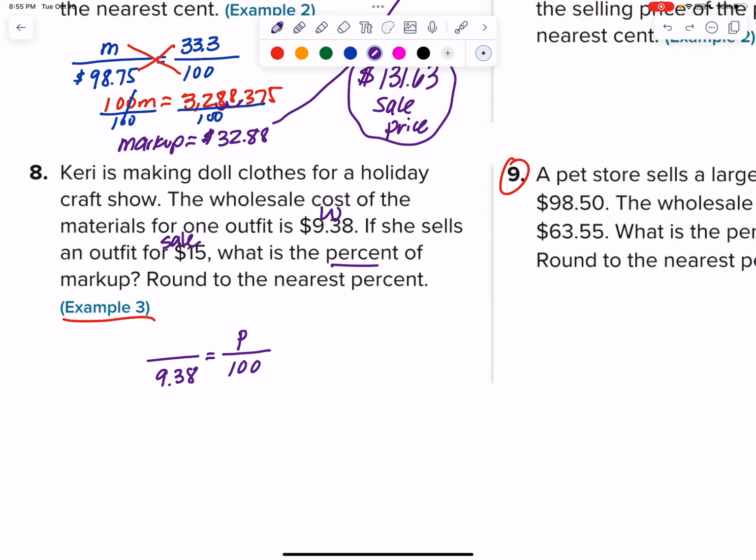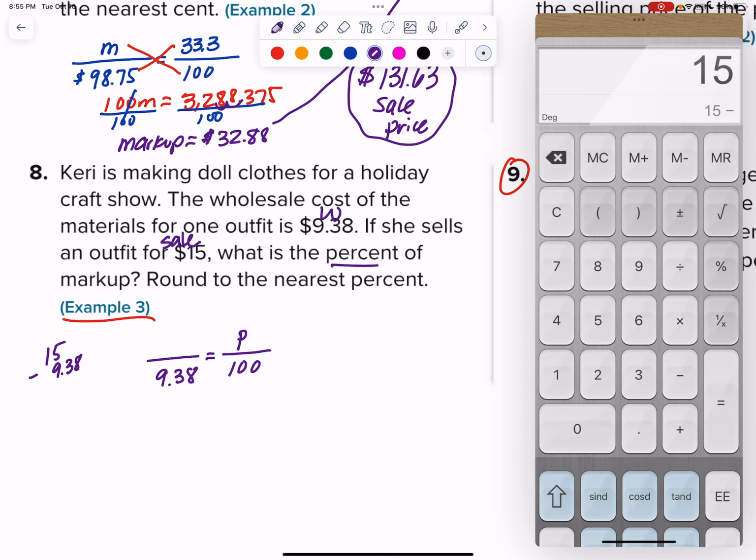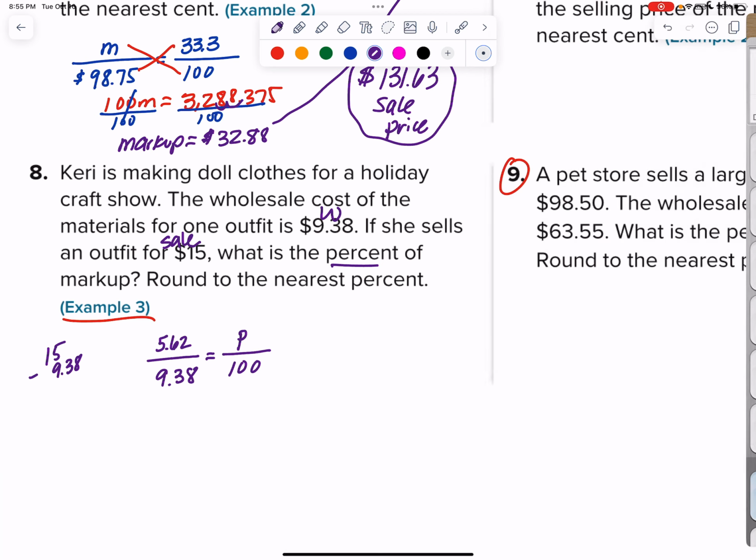Okay, so if the sale price was $15 and the original price was $9.38, we have to just do that subtraction of 15 minus $9.38, and it'll tell us how much the markup was. So the markup was $5.62, okay, for the part markup.